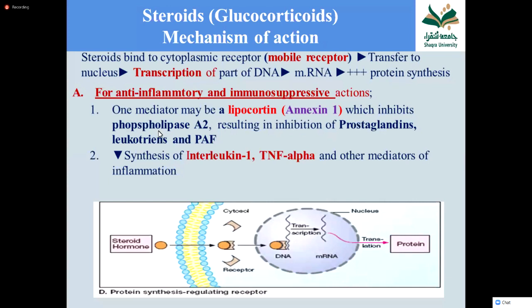The second effect is that it decreases the synthesis of interleukin 1 and tumor necrosis factor alpha and other mediators of inflammation. So if the question is asked, what is the mechanism of action of glucocorticoid? You have to write about all this.